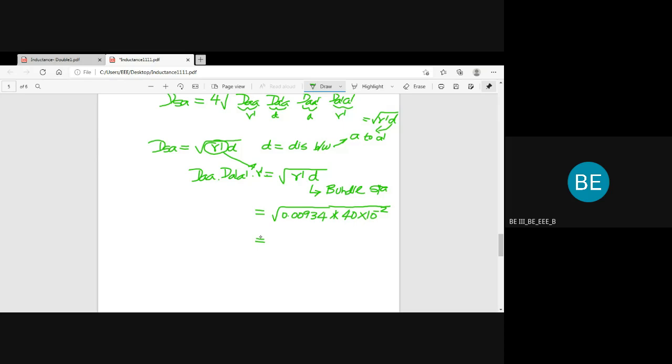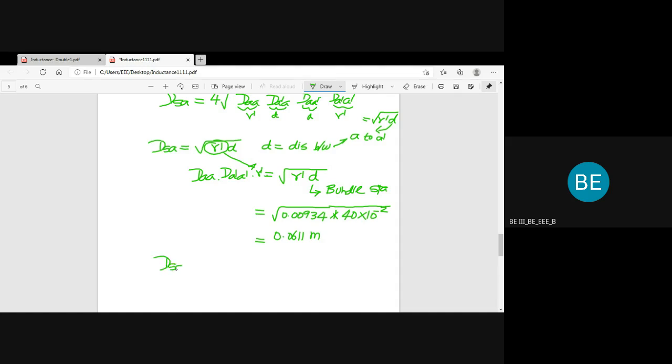So can anyone tell what is the answer? So the answer for this DAA dash R dash, what is the answer? 0.0611 meter.